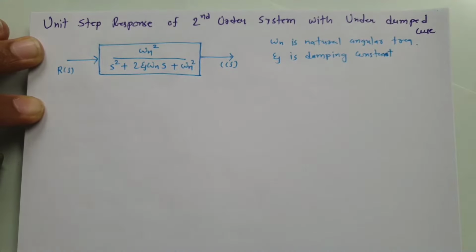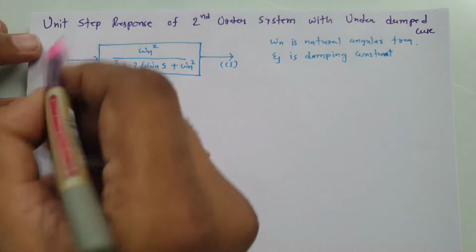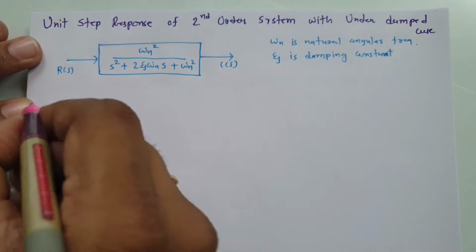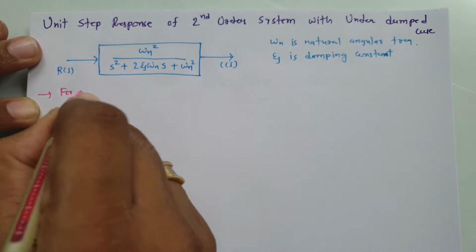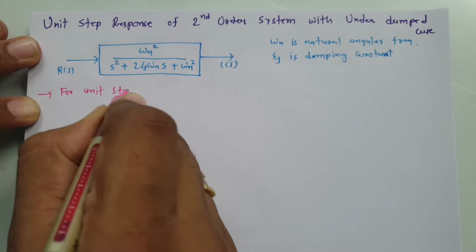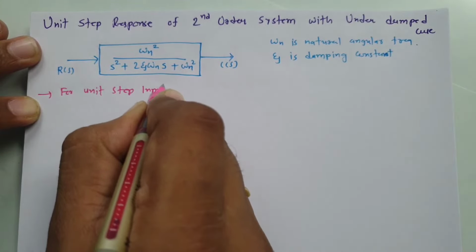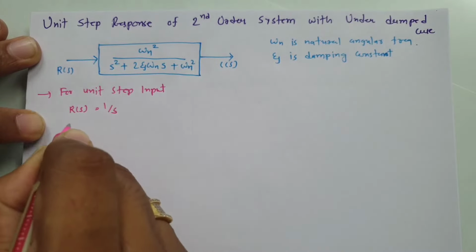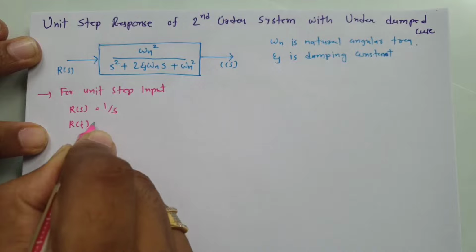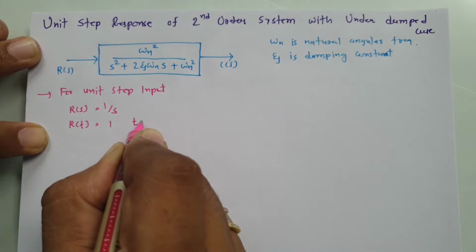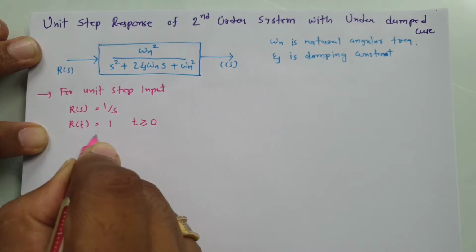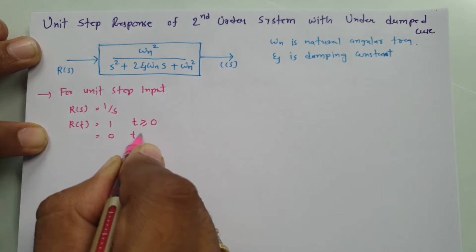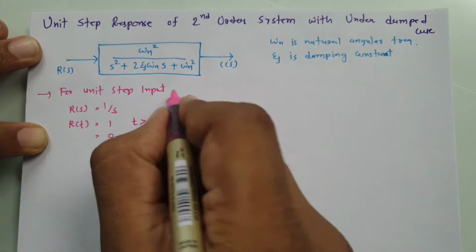Now here our input R of S is a unit step. So for unit step input, R of S is 1 by S, and in time domain R of t is 1 for t greater than or equal to 0, and 0 for t less than 0.